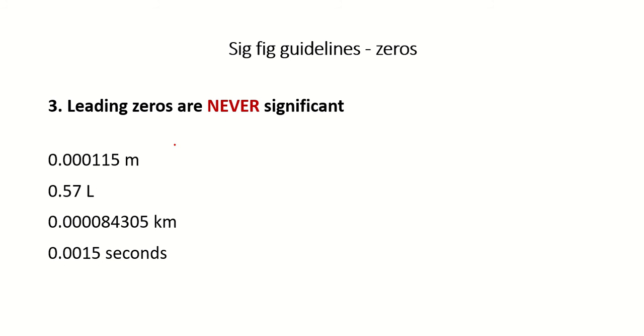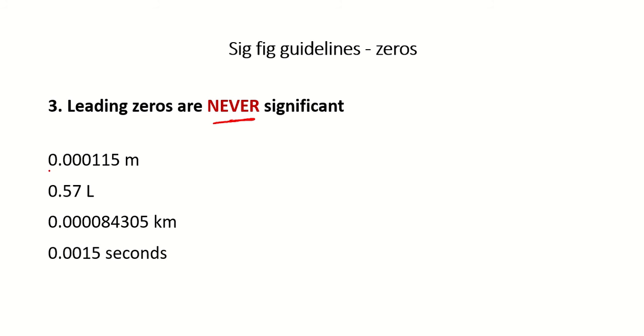Alright. The next type of zero is the leading zeros. Leading zeros are the placeholding zeros. They are never significant. So keep in mind, it is never significant. Usually when you have leading zeros, you might notice this decimal point.